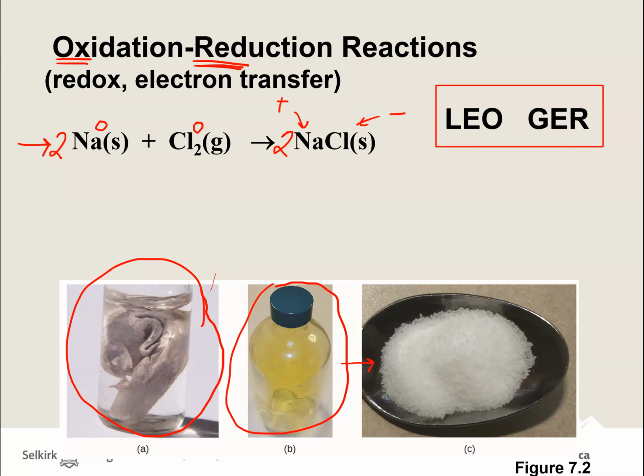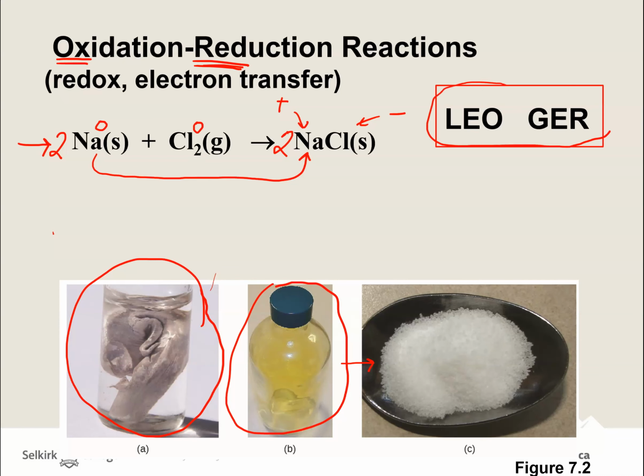So now I can keep track of what happens to the electrons. I can see that the sodium went from 0 charge to +1. It lost a negative electron. Now, how do I define that as either oxidation or reduction? In high school, you might have learned a little memory trick. I hate tricks, but this one works so well, I'm going to keep it.